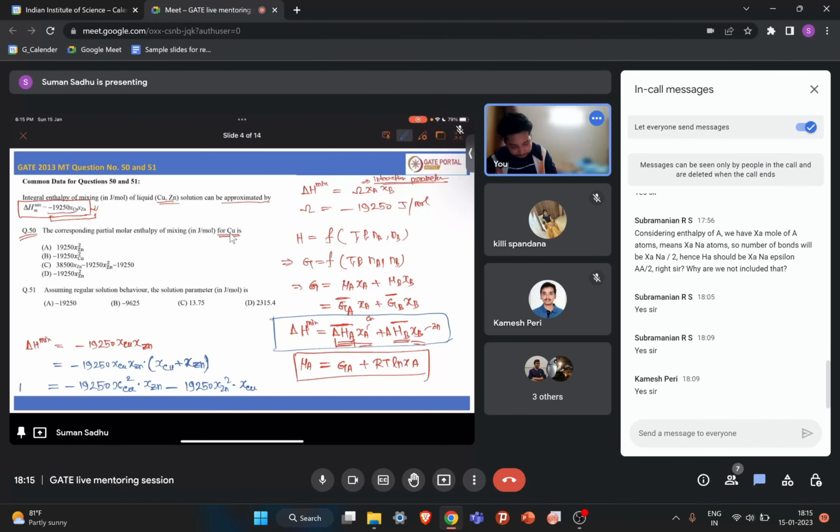This is your delta H mix. Now let's say this is equation 1 and this is equation 2. What will be your delta H A bar if you compare equation 1 and equation 2? In case of delta H A, this coefficient is x of copper, and this is x of zinc. So what will be delta H A? Anyone?